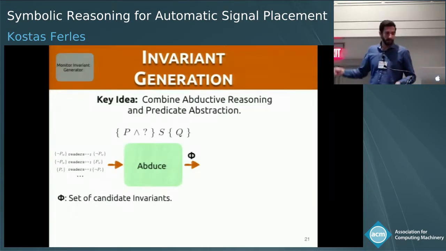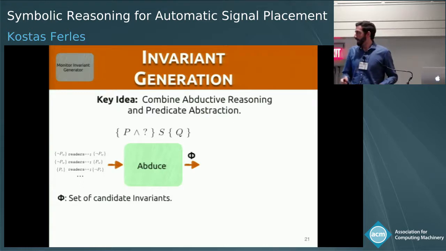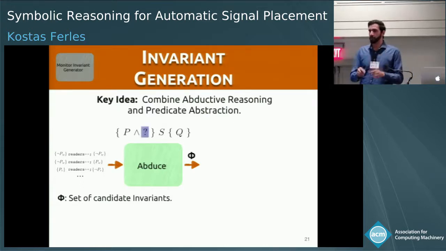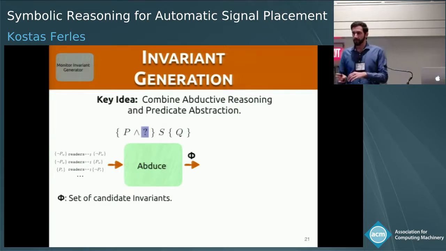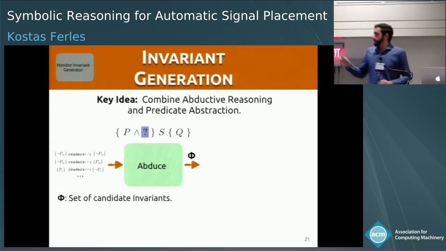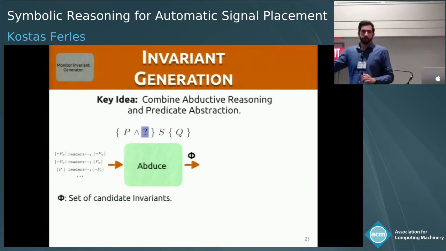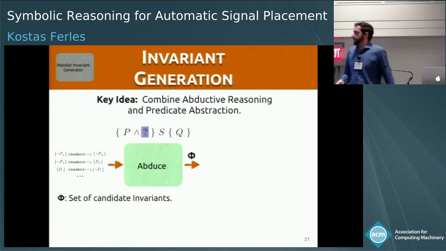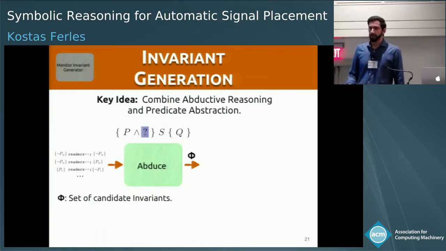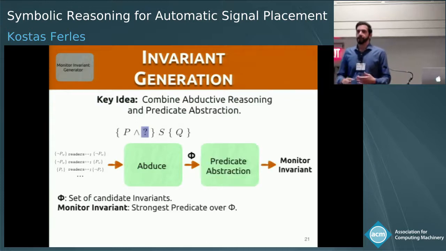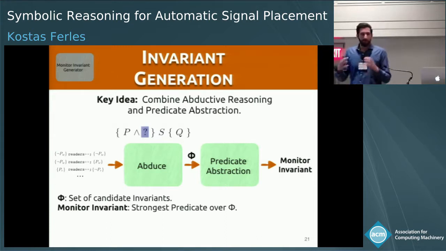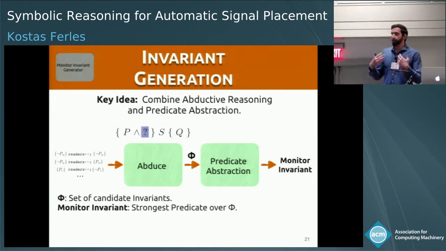Given an invalid Hoare triple, it's going to return a precondition that is sufficient to turn this Hoare triple from invalid to valid. So in that sense, you can think of our set phi here as a set of candidate invariants for our monitor. Now, in order to get the strongest possible predicate over phi, we're going to invoke a standard predicate abstraction algorithm, obtaining this way our final monitor invariant.